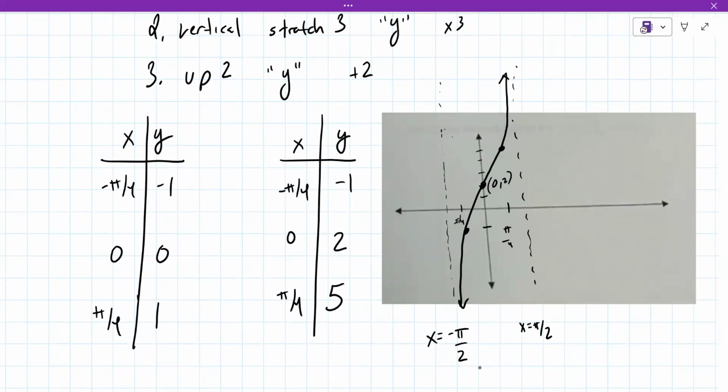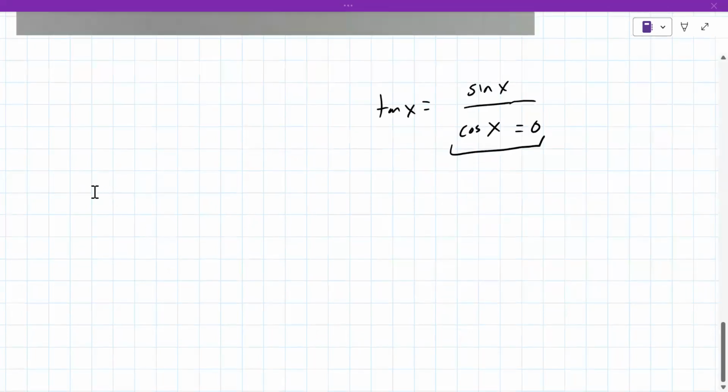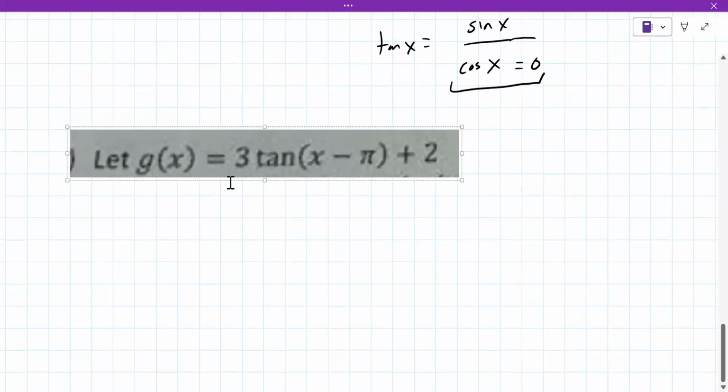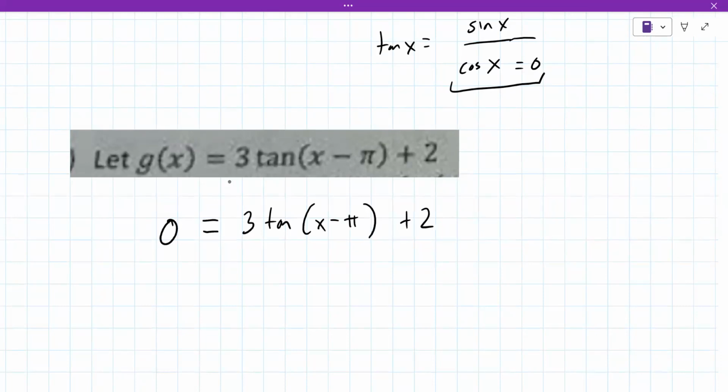And what would you do if they were asking to find the x, was it the x-intercept? Yeah, so that's fine. We could certainly do that. So I'm going to grab a snip of the original function. All right, so to solve for the x-intercept, you're setting g of x equal to 0, and then you're solving for x.